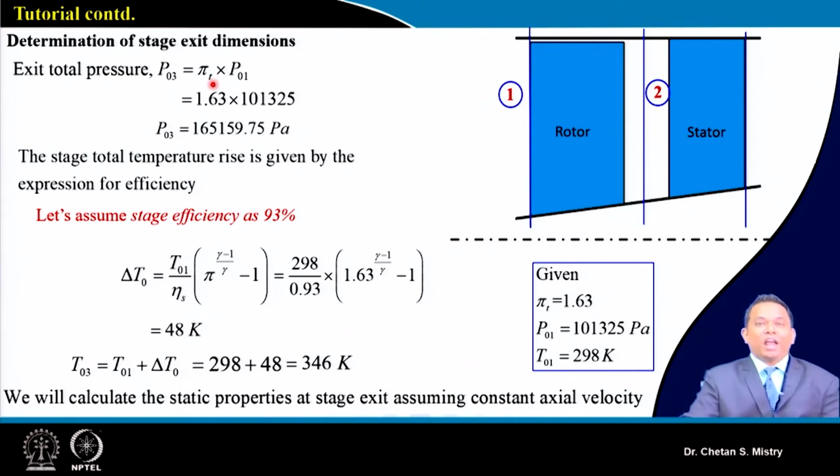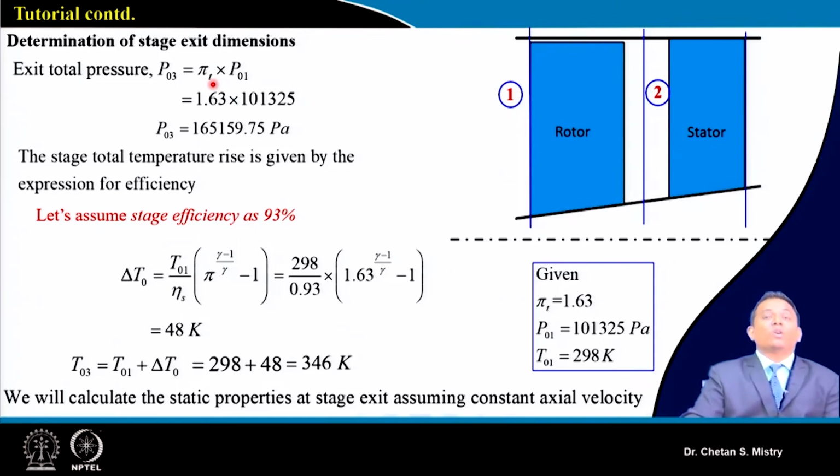Now from fundamentals, for the per stage configuration we need to correlate with the rise of temperature. This rise of temperature will help us calculate the total temperature at the exit. Once the total temperature at the exit is known, we can calculate the static temperature.